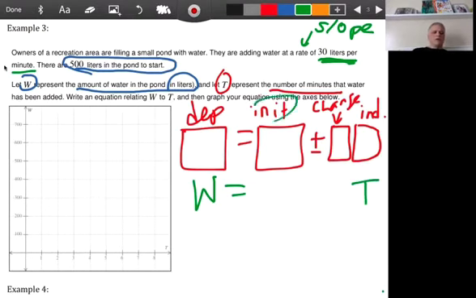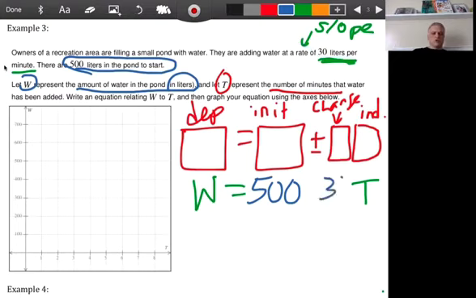Okay, initial amount. The initial amount says that at the start, we start with 500 liters of water. Okay, switch that up, 500. Now the change, it changes by a rate of 30 liters per minute.